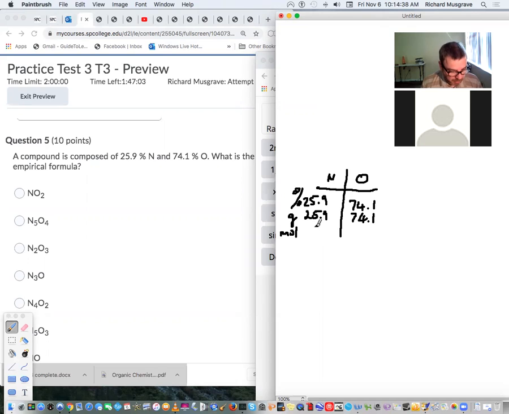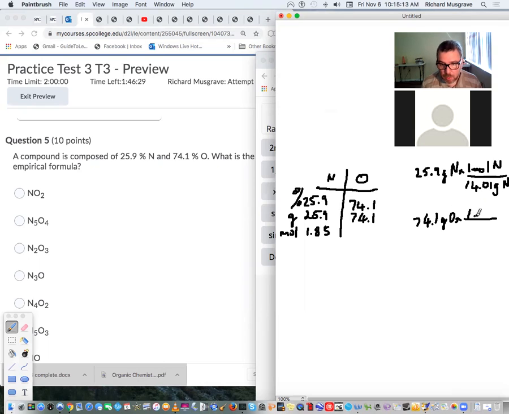So it would be 1.84 or 1.85 for N. Don't be too concerned about significant figures here, but the way I got that, 1.85 was 25.9 grams of N times 1 mole of N over 14.01 grams of N. That's the atomic mass of N off the periodic table. I do the same thing for oxygen, 74.1 grams of O times 1 mole O over 16.00 grams of O.